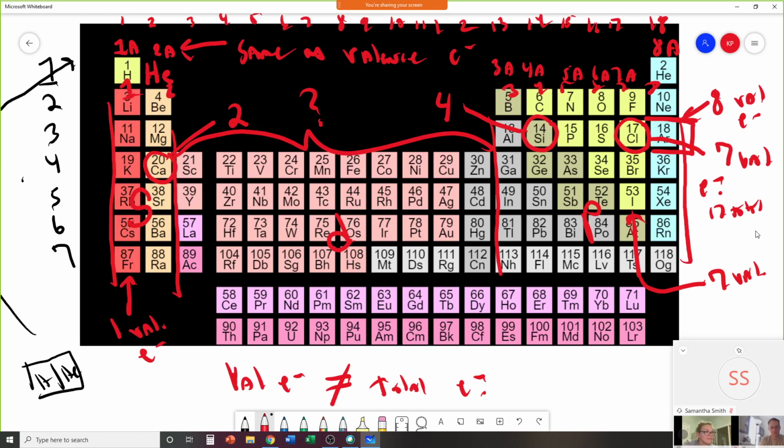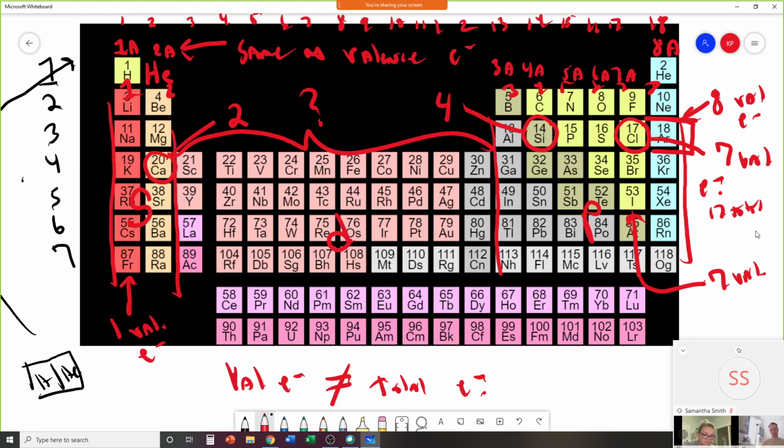So strictly speaking, if you go by outermost electrons, it would be 2 for all of them, because the last one that would be filled up would be the 4s or the 5s or the 6s, and those would be the highest until you get over to the p's. Okay, strictly speaking, there would be 2 valence electrons for all your transition elements, but that's not the case.